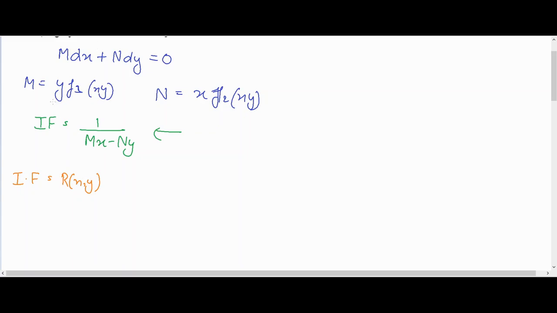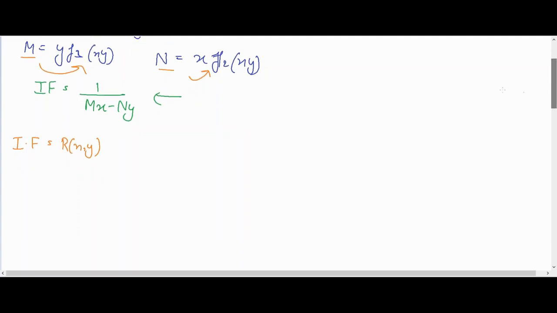Now what I'm going to do is I'm going to write M like this and N like this from now on. These are two different functions. So after multiplying with r, our equation will become y f1 of xy times r of x comma y, right?